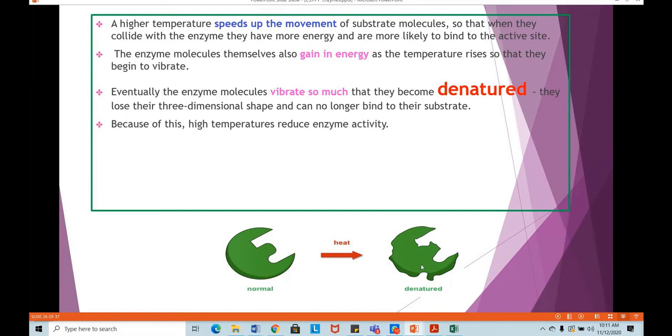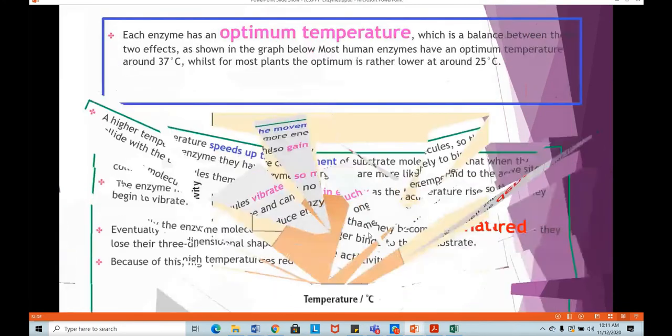This is what happens when the temperature is too high, above 50 degrees centigrade. The enzyme loses its shape and gets denatured, so it cannot carry out its function anymore. Because of this, high temperatures reduce the enzyme activity. So what is the solution now? What is the optimum temperature for the enzymes to work?